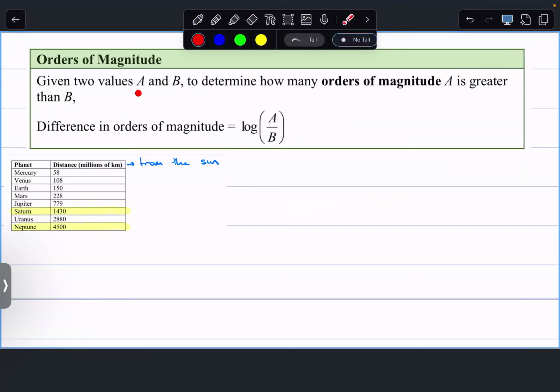So if we have two values, A and B, in this case A is going to be 4,500. Why?